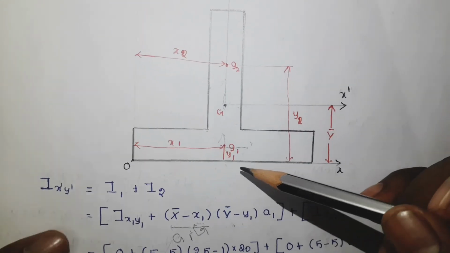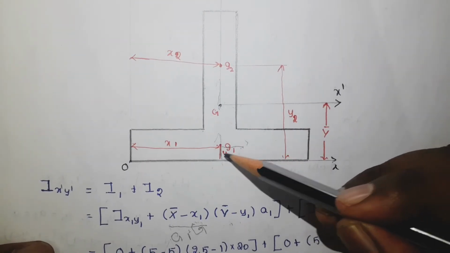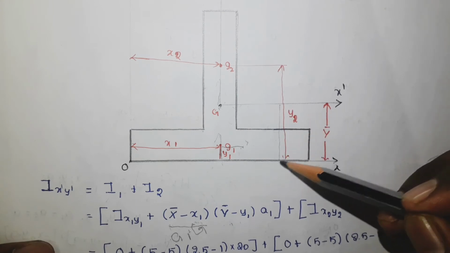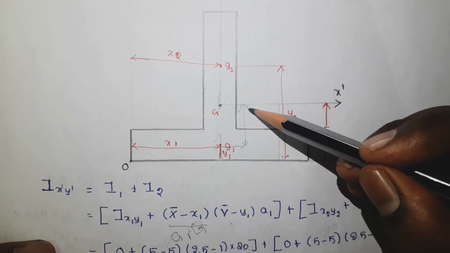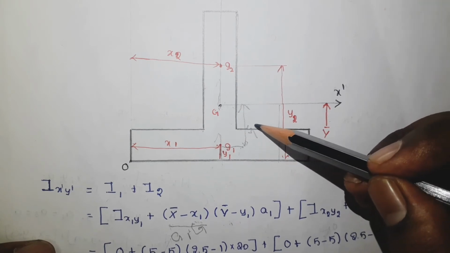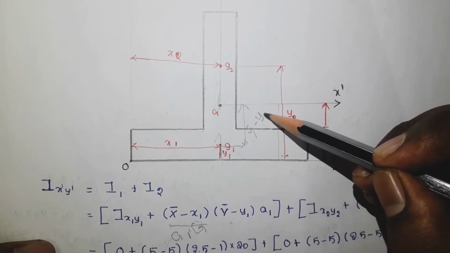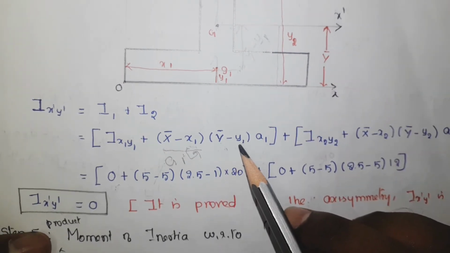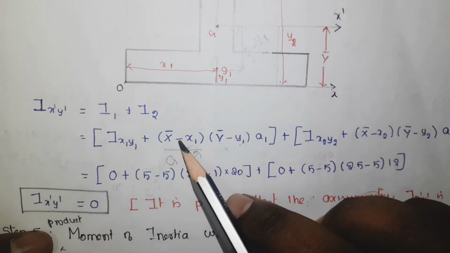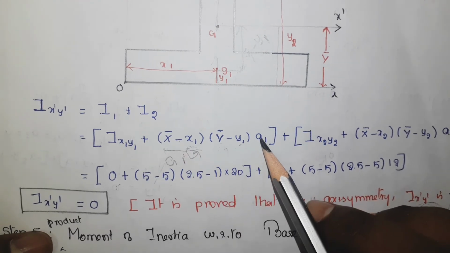Here you see, this is y1 and this is y bar. Now I want to know this distance, which is nothing but y bar minus y1. So here it is written y bar minus y1, with respect to the x axis, and the other one with respect to the y axis. Now again area A1.